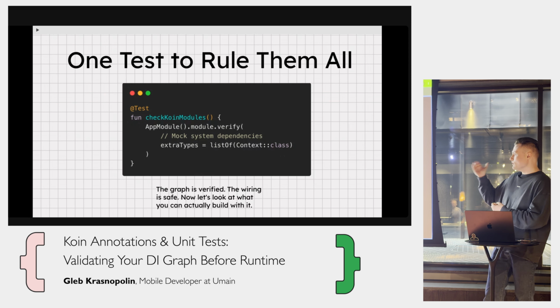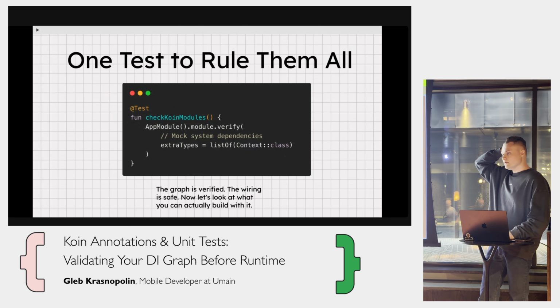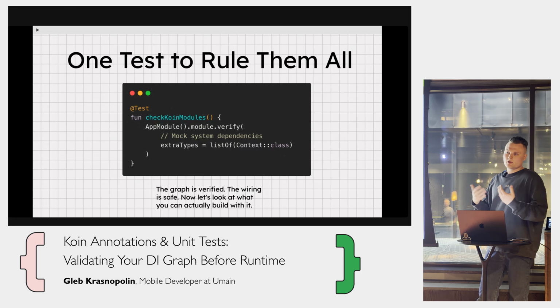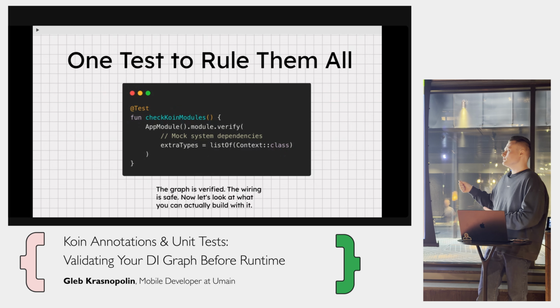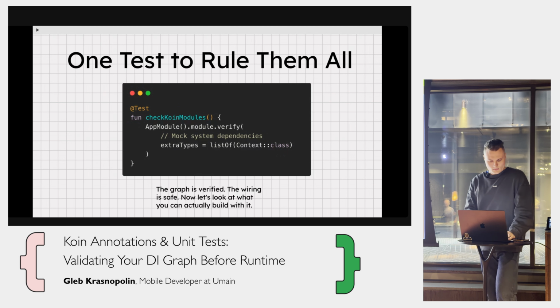You can just call appModule.module.verify, and inside of it, you need to provide all the system dependencies. For example, for Android, it would be Context, because Koin cannot generate it, because it's not in your code and it's not annotated by default, so you'll have to provide it inside this function.